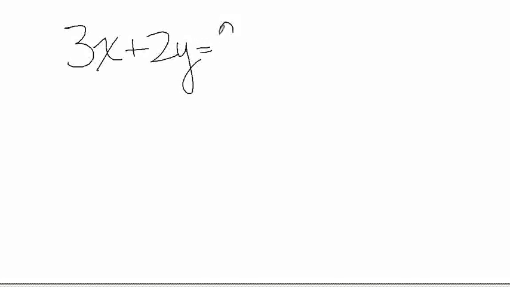Okay? So what is the method of substitution? Let's start with an example problem. Suppose you wanted to solve the following system of linear equations.